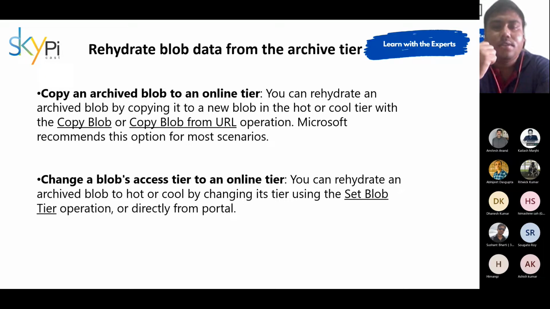There is a standard way which takes about 10 to 15 hours, and then there is the high priority way, which will be done in an hour or two. But it can only be done for data which is less than 10 gigabytes.